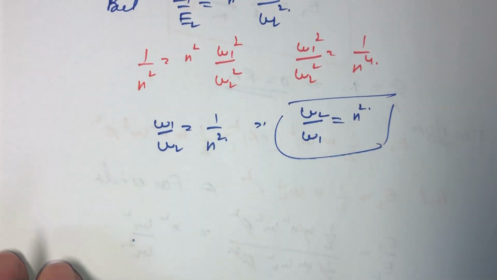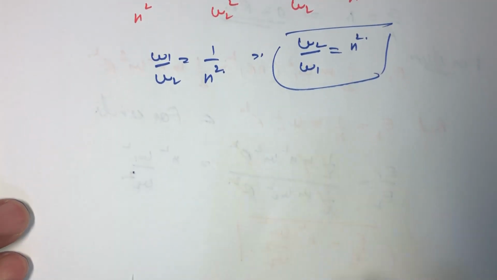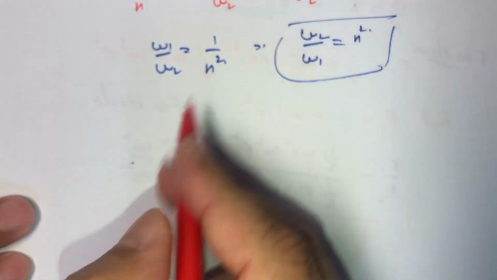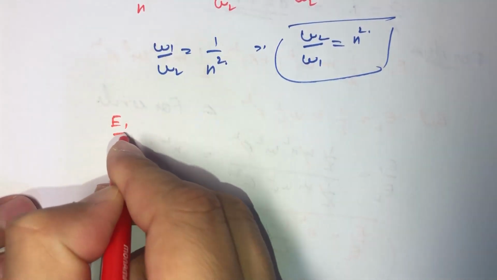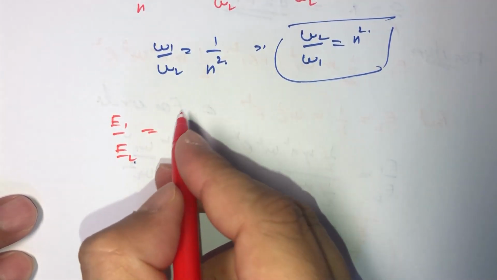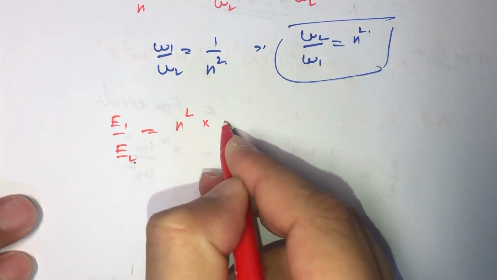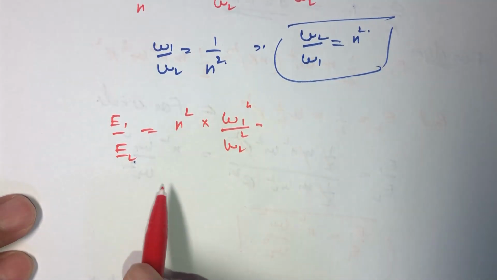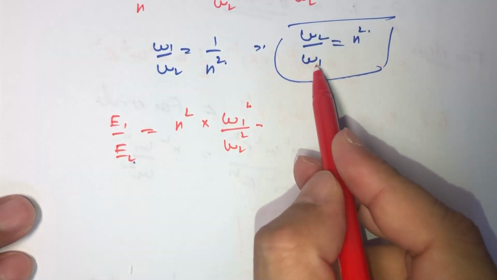Okay, this is one of the options to us, and we can also find out what will be our E1 and E2. So we are going to use this relationship. So we know that E1 upon E2 is equal to n square multiplied by omega 1 square upon omega 2 square, and n square is omega 2 upon omega 1.